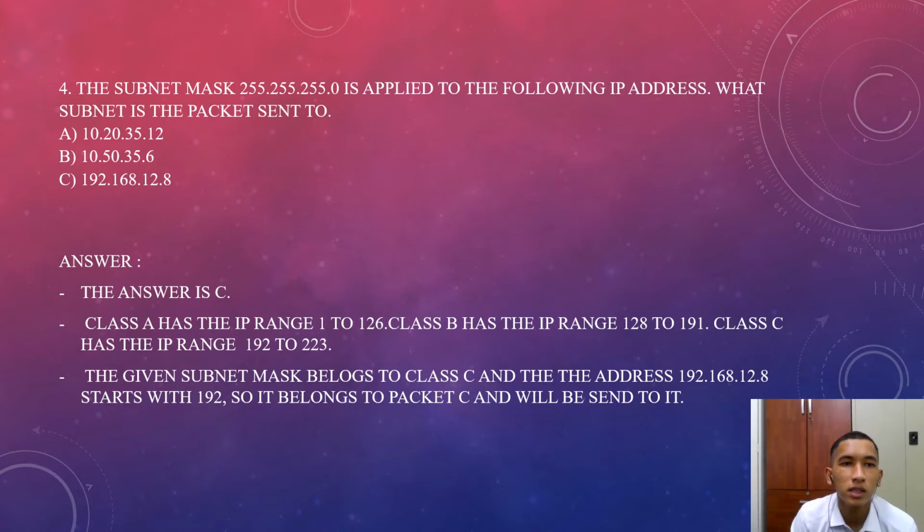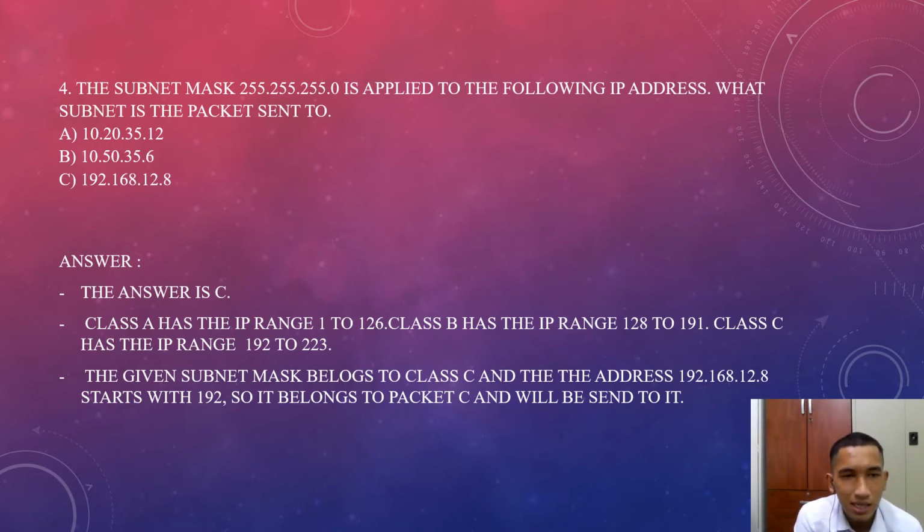Okay, for question number 4, the subnet mask 255.255.255.0 is applied to the following IP addresses. What subnet is the packet sent to? A is 10.20.35.12, B is 110.50.35.6, C is 192.168.12.8.